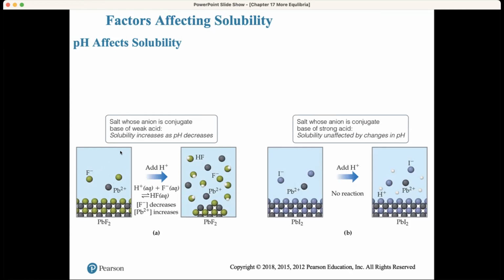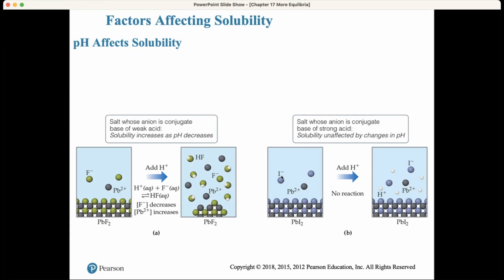Now I'm basically pulling fluoride out of solution, because they're attaching to the hydrogens if I add a bunch of hydrogens. So I'm going to lower the fluoride concentration if I do this in acidic solution. I lower the amount of fluoride ions because they react as a base with the acid. And now I'm shifting my equilibrium, so I have to make more fluoride because the fluoride has been removed.